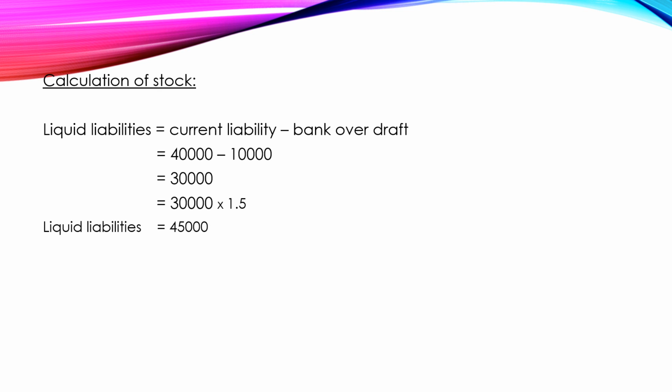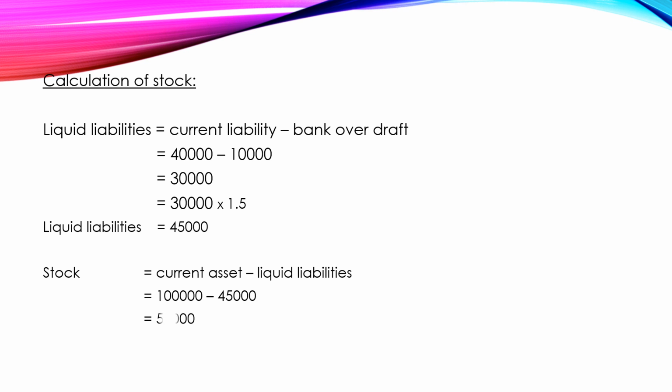There comes liquid liabilities. Liquid liabilities is equal to 45,000. Now the stock is equal to current asset minus liquid liabilities. Current asset value 1 lakh minus liquid liabilities 45,000. Therefore, 55,000. Then the stock value is equal to 55,000.